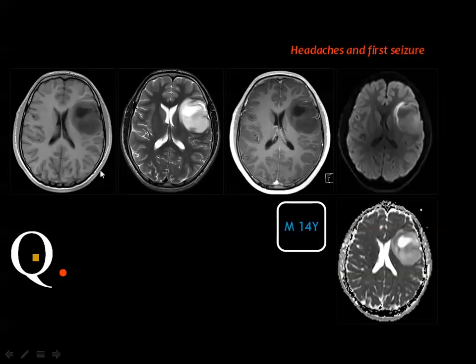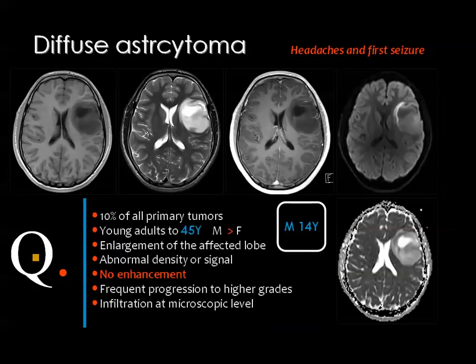Axial T1, T2, T1 post-contrast, diffusion, and ADC. What do you think? Infarction or tumor? Tumor. Which type of the tumors? Glioma. Which type of glioma? It does not show marginal enhancement.